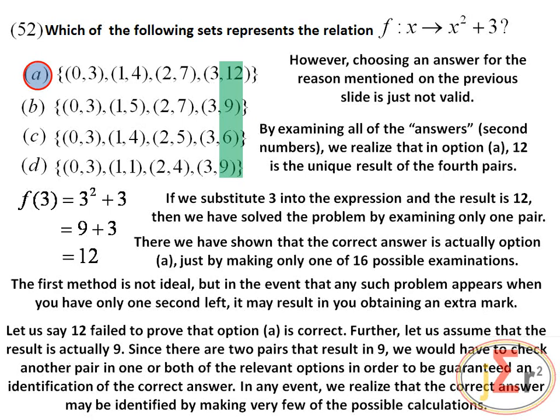So if 9 were correct, we would have to take another go. So we could have done that in 2 comparisons. Using the correct technique then means that it will not take us too much time and too many comparisons in order to identify the correct answer anyway.